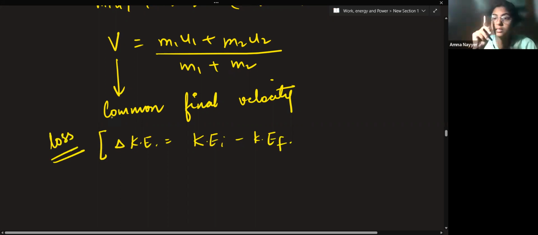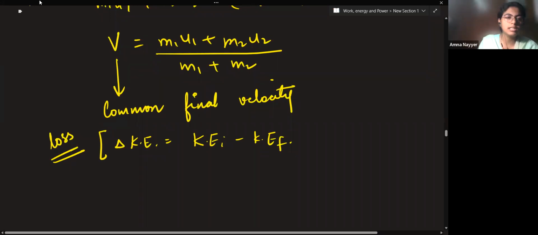Right? Kinetic energy is not conserved in case of an inelastic collision. So here there's a loss, so your answer will come in negative. That's why we wrote it as KEI minus KEF, initial minus final. Definitely final will be smaller. And that negative sign will only show you that yes, there's a loss in kinetic energy.